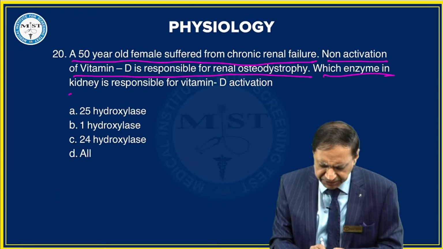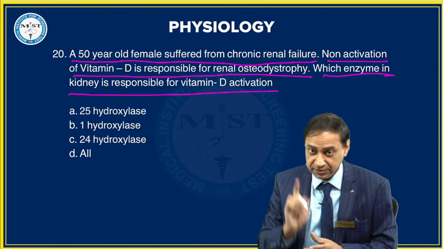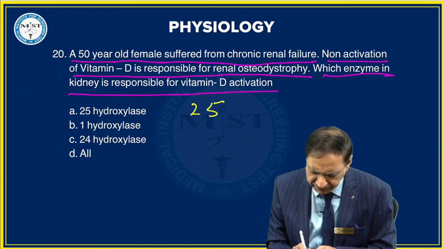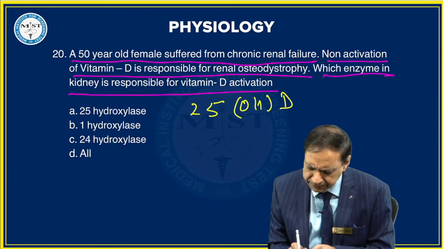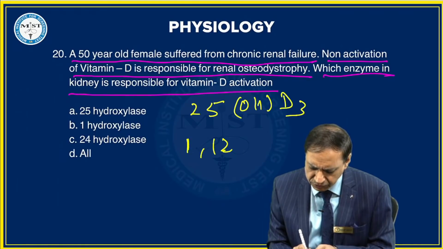Which enzyme in kidney is responsible for vitamin D activation? So first enzyme is 25-hydroxylase. This is present in liver. And the second is 1-hydroxylase, and therefore 1,25-dihydroxycholecalciferol.